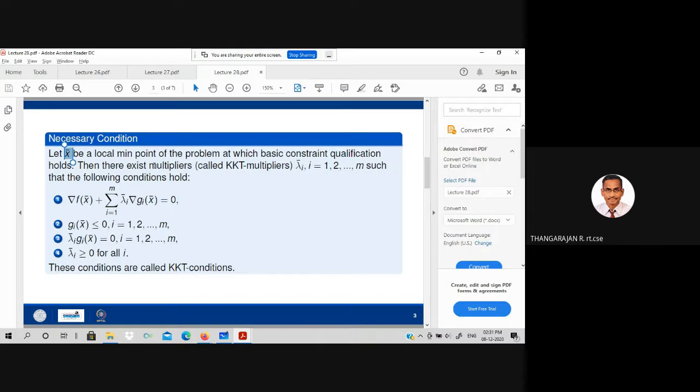Then there exist some KKT multipliers, that is Lagrange multipliers, such that the following conditions hold. These are called Kuhn-Tucker conditions. If these conditions are true, then we can say there is a local minimum point for a non-linear programming problem.